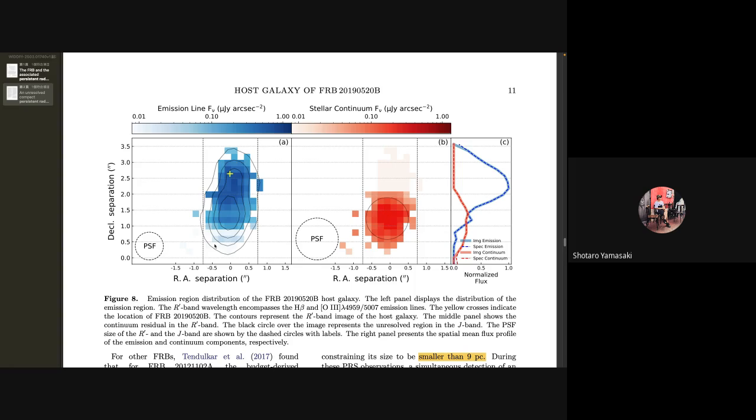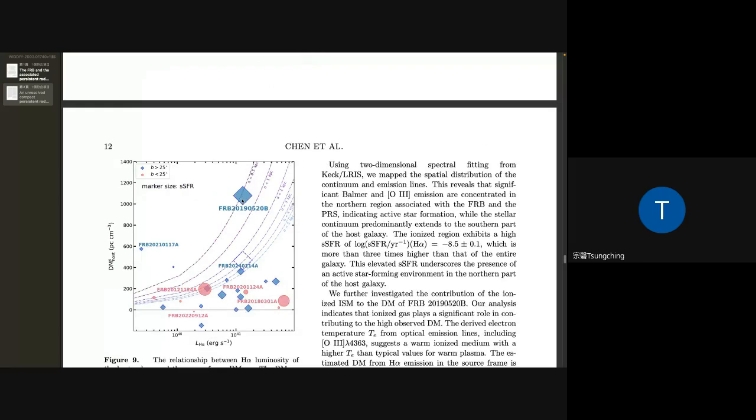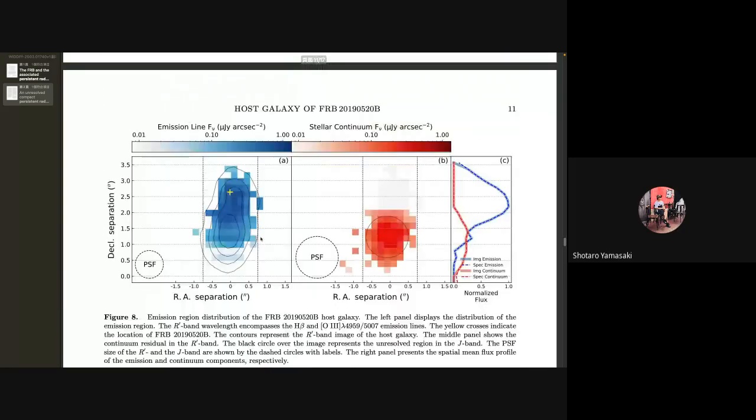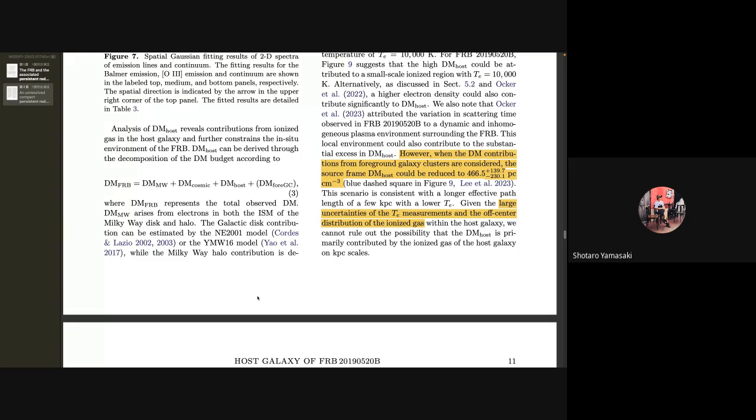Can you go back to the figure? Yes, because this FRB is very special. Thank you. So this figure, 0.5 kpc. So what is the physical size, the projected size, of the galaxy at this redshift?